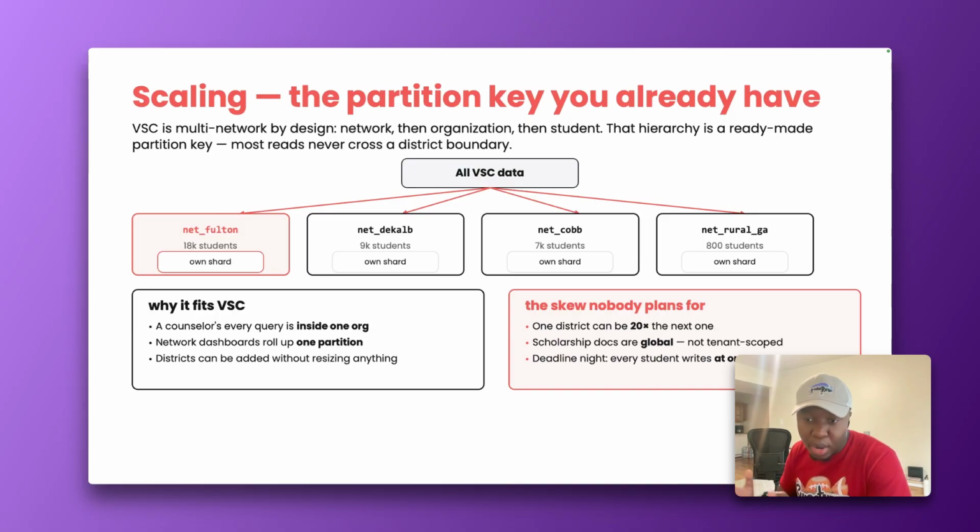All these other networks might just have one node running, but for Fulton County, we can double or triple that so that we can serve the amount of traffic coming in. So this would be a very good use case for applying that partition key inside of a NoSQL database.